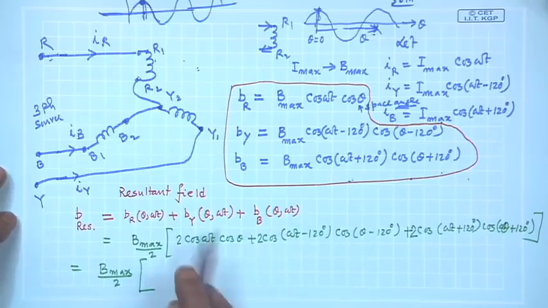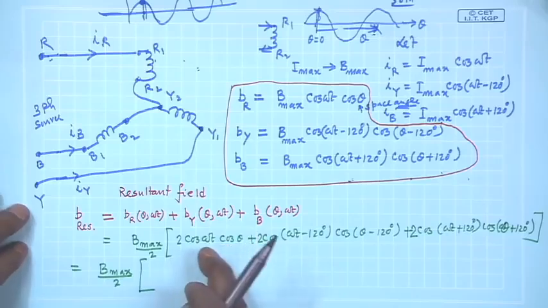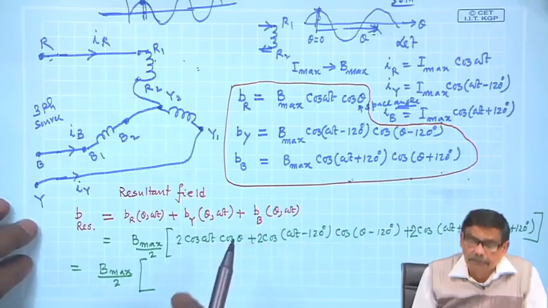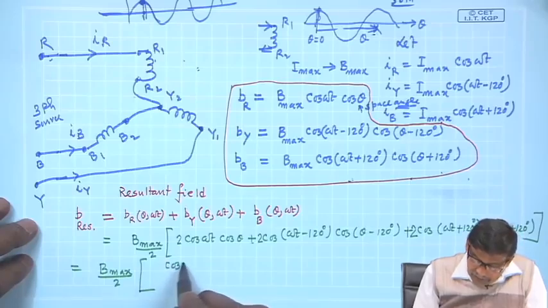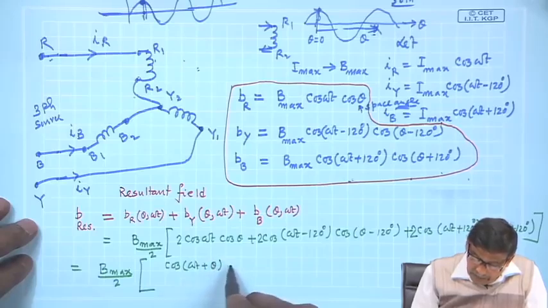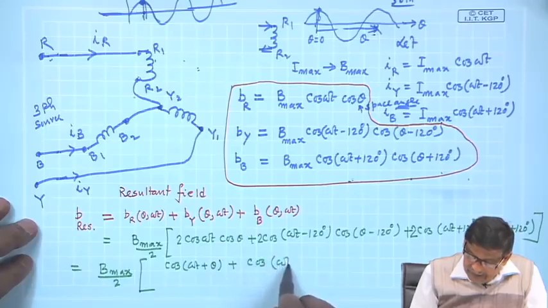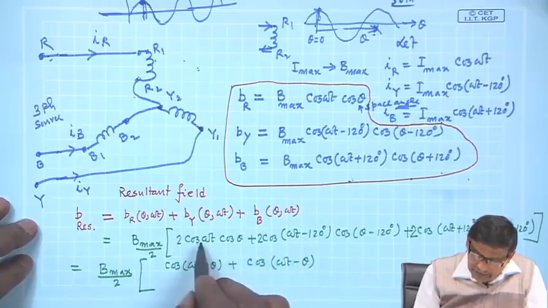If you apply that formula, it will be cos A plus B plus cos A minus B. So, it will be cos A plus B plus cos A minus B, this will be the thing.